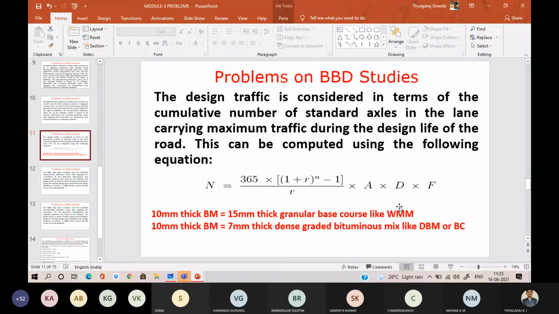Completed? Is it completed? No, sir. Okay, note down, note down. Note down the things whatever I highlighted in red color, which will be helpful for designing purpose.